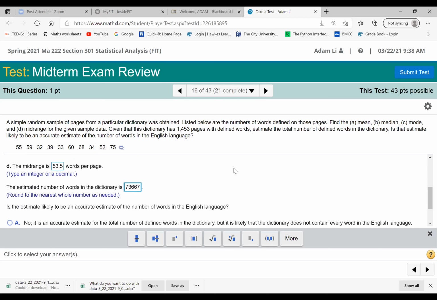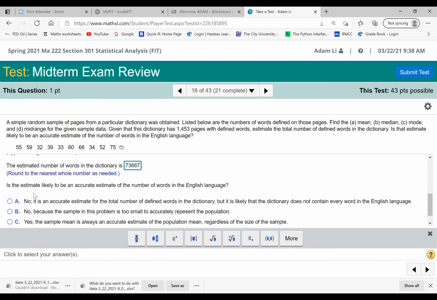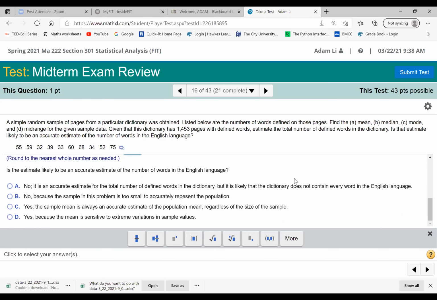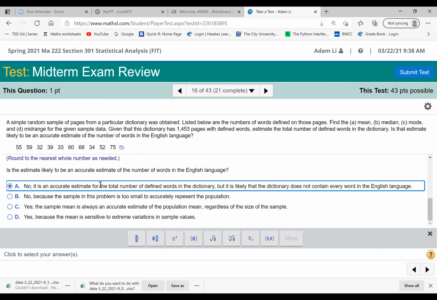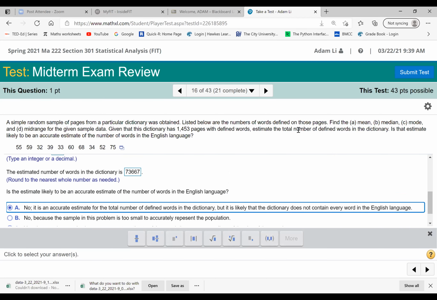So in this particular dictionary, there are 73,667 words. Is the estimate likely to be an accurate estimate of the number of words in the English dictionary? There should be no. It is an accurate estimate of the total number of defined words in the dictionary, but it's likely that the dictionary does not contain every word in the English language. So this is a very possible outcome here. All right, any question on this?